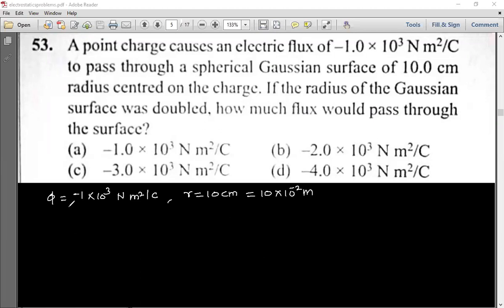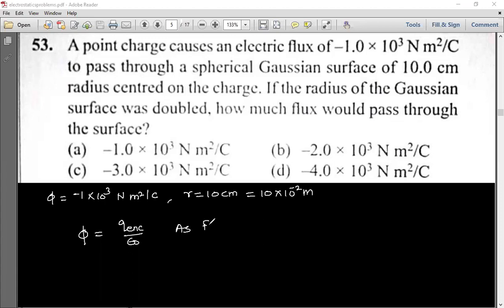Okay. So what is the formula here? Flux phi is equal to Q enclosed by epsilon naught. Is there any radius involved in the formula?